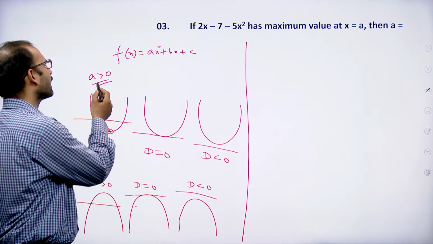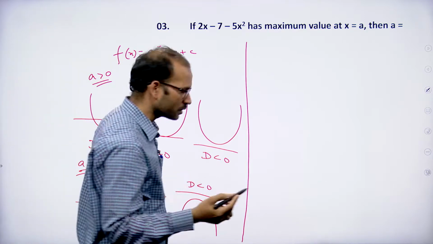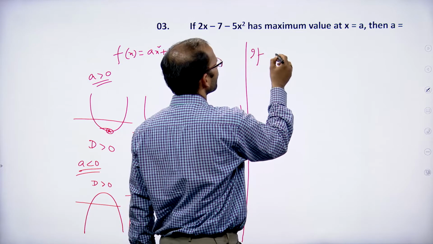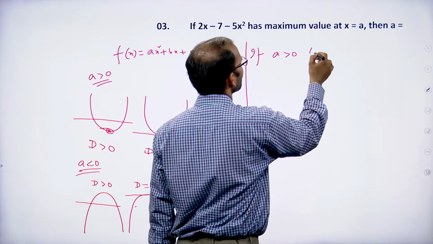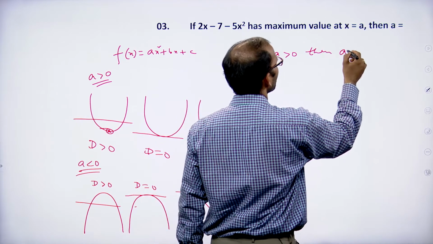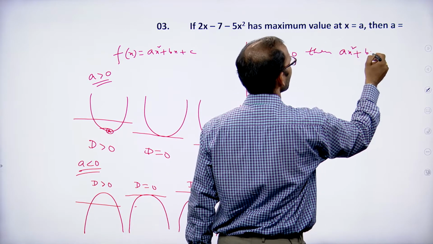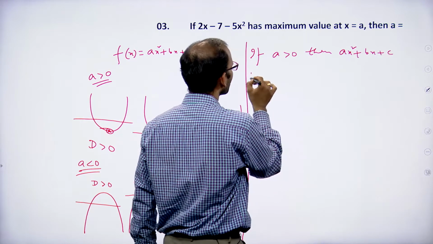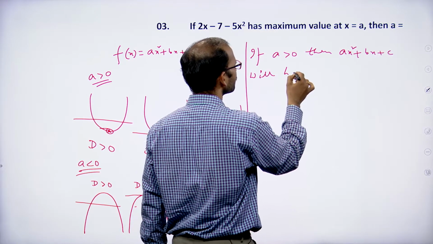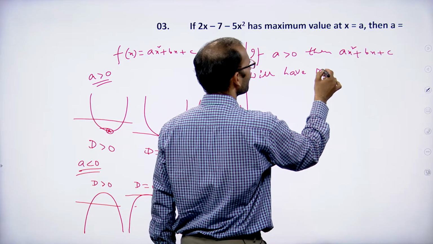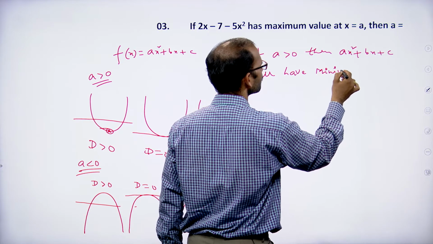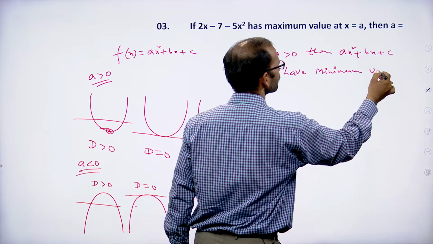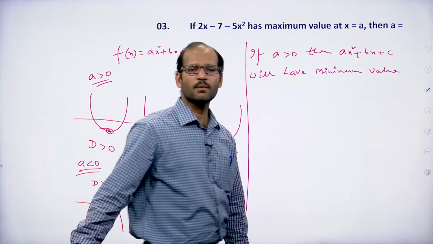So therefore, whenever the x square coefficient is positive, if a is greater than 0, then ax square plus bx plus c will have a minimum value.